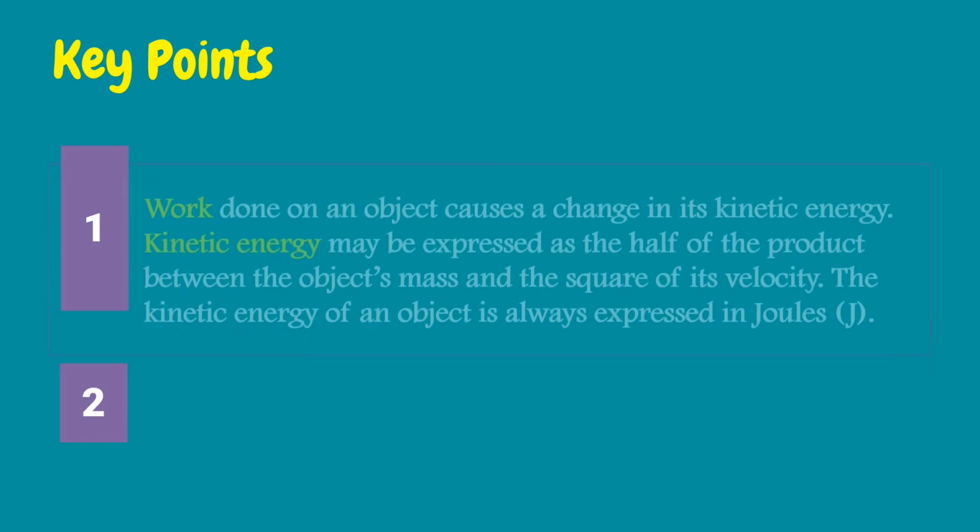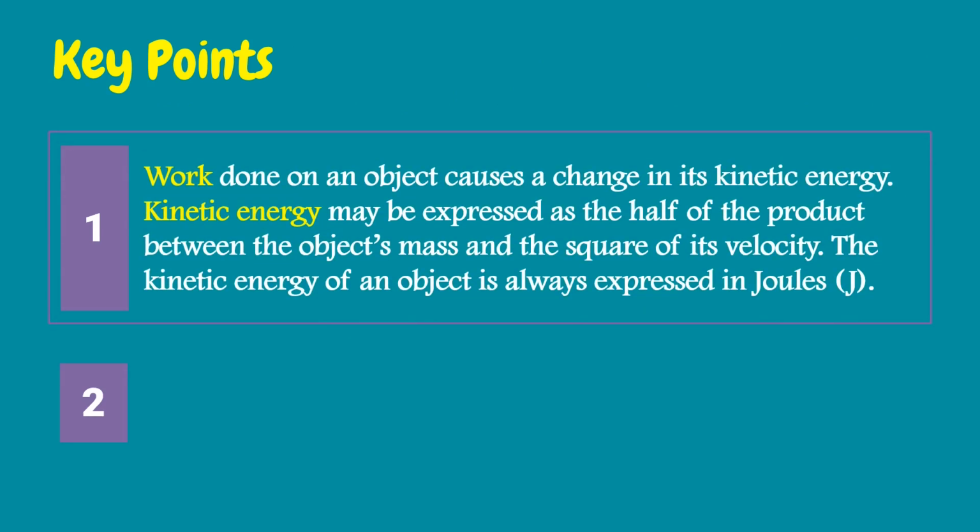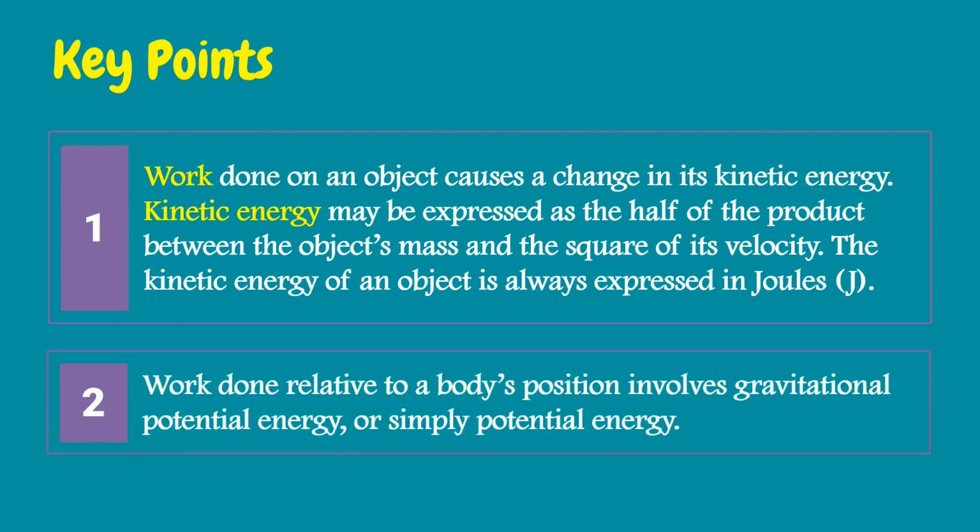To summarize, work done on an object causes a change in its kinetic energy. Kinetic energy may be expressed as half of the product between the object's mass and the square of its velocity. The kinetic energy of an object is always expressed in joules. Work done relative to a body's position involves gravitational potential energy, or simply potential energy.